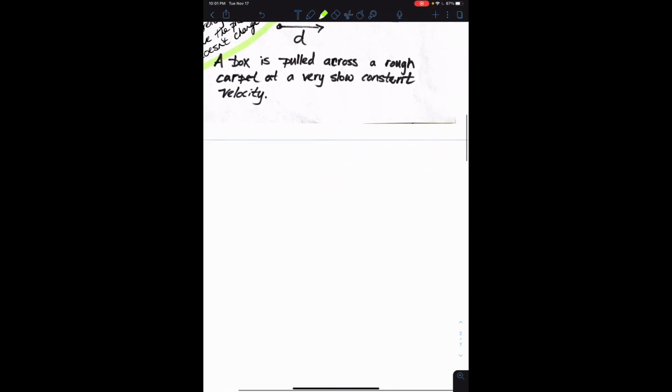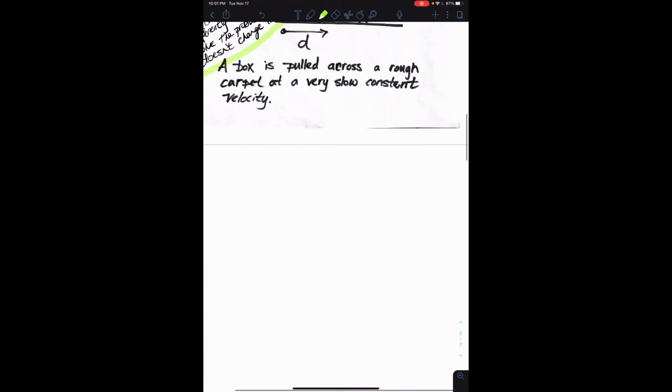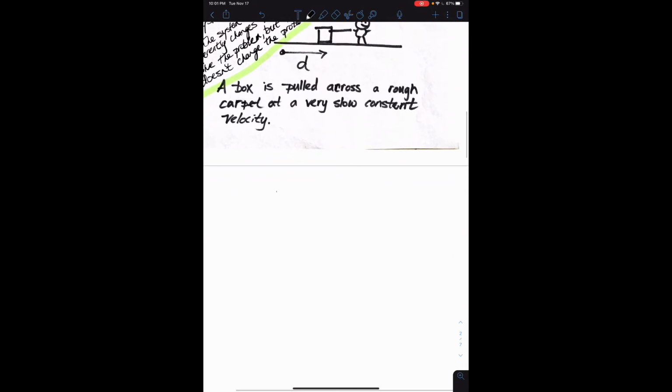Okay, so once again, that question was, if the box alone is the system, analyze the two external forces. All right, so this person is pulling on the box with the rope. Okay, something like that.